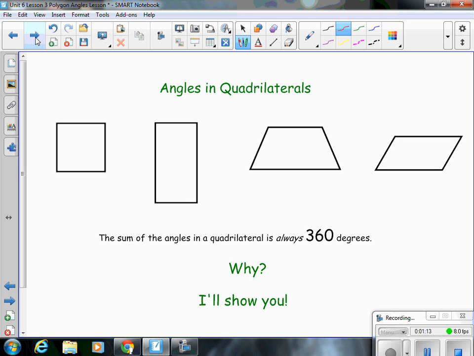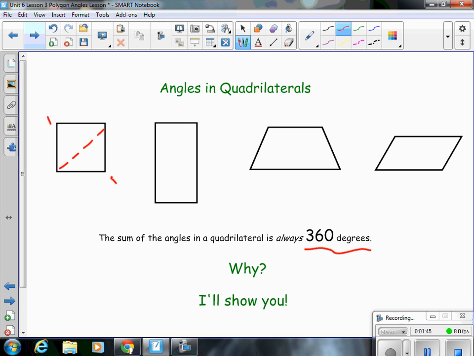So, angles in quadrilaterals. The sum of the angles in a quadrilateral is always 360 degrees. Why? Well, I'm going to show you. If I subdivide my quadrilateral into 2 triangles, I have a triangle here and a triangle here.